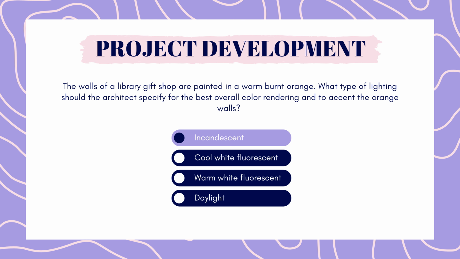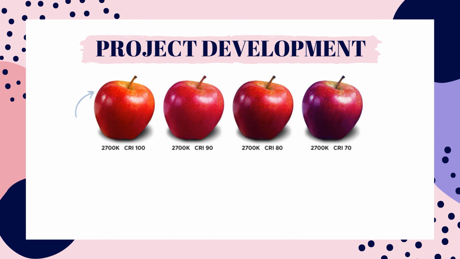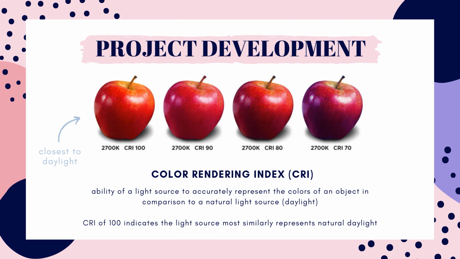Incandescent lights are great for color rendering. What is color rendering? Well, it refers to the ability of a light source to accurately represent the colors of an object in comparison to a natural light source or daylight. This is quantified by the Color Rendering Index, or CRI, on a scale from 0 to 100.